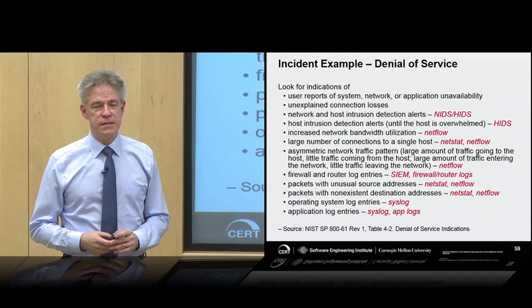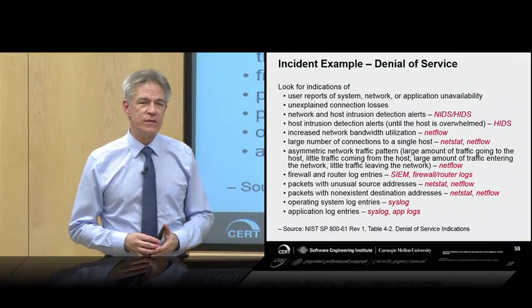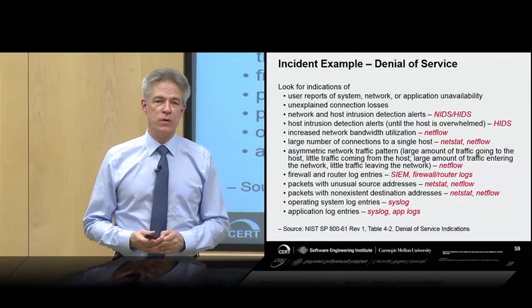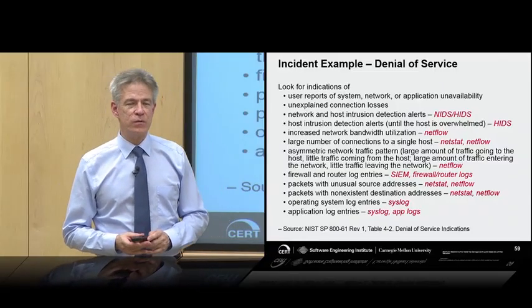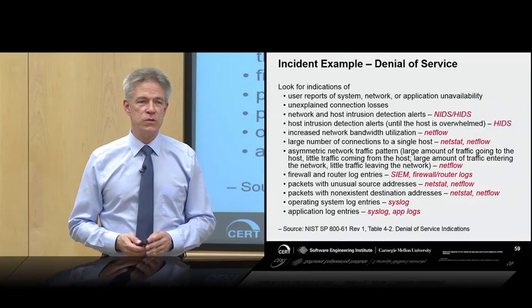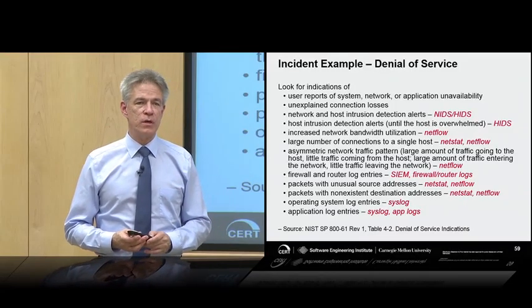And here's a third example, a different type of incident, in this case a denial of service. You might have some user-related reports where people are just reporting that things are running slowly, or that they can't access particular resources that they used to, dropped connections, all sorts of user-related reports.